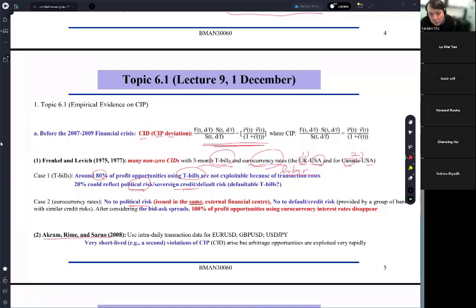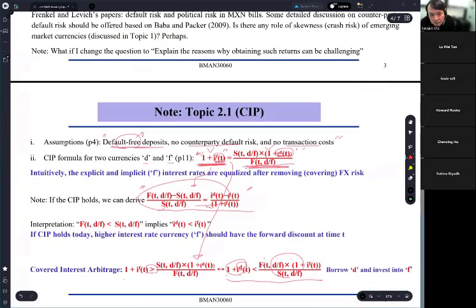So as I told you already, in the CIP case, even though we derive CIP with default-free deposit assumption, in fact, we can allow default risk. If default risk for F and D are similar, then we can still get the CIP expressions because this is the law of one price with a similar risk.